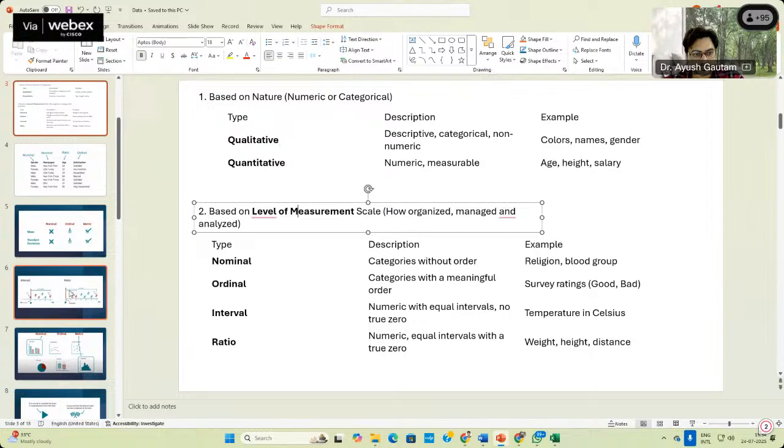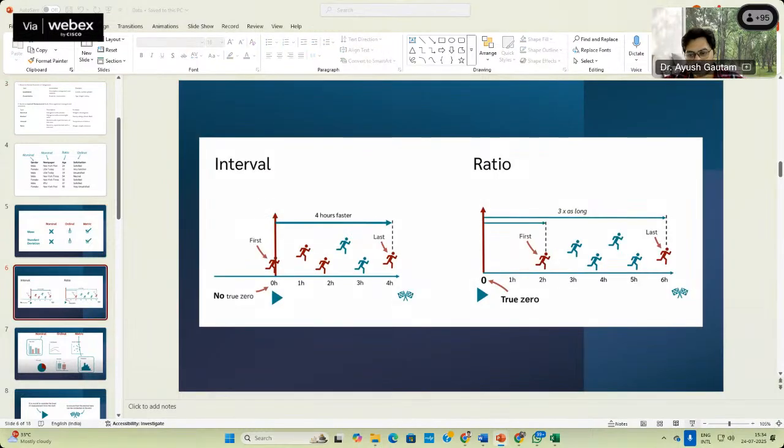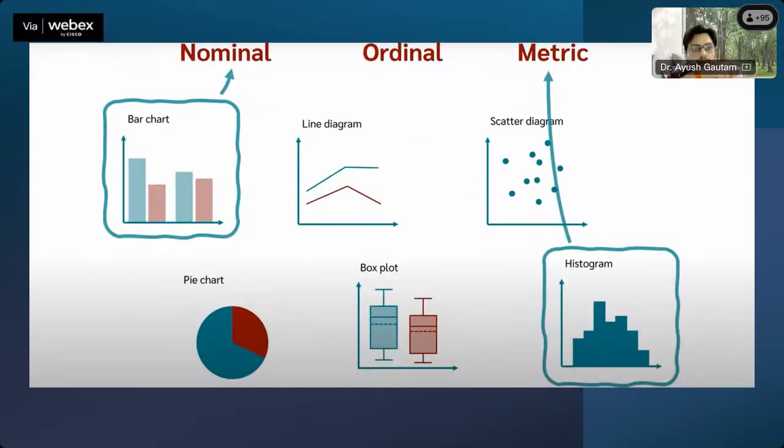Now let me connect the theory with the charts. Now look at these charts. Have you seen these charts? Here, when you are given nominal data, with the help of nominal data you can make bar charts or frequency charts.